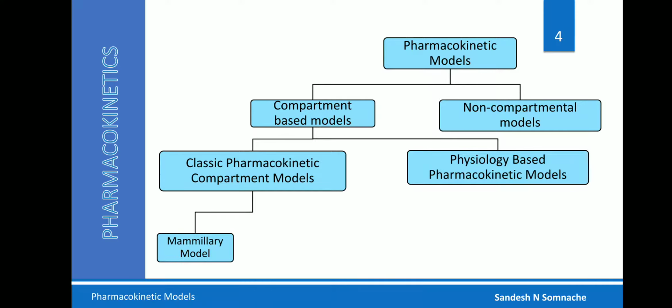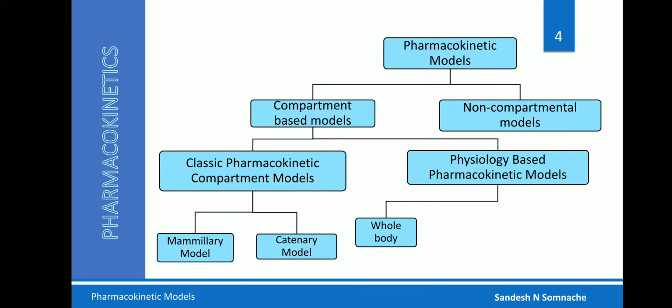Classic pharmacokinetic compartment models may be either mammillary models or catenary models, while physiological models are whole body, partial or metabolic physiology based pharmacokinetic models.